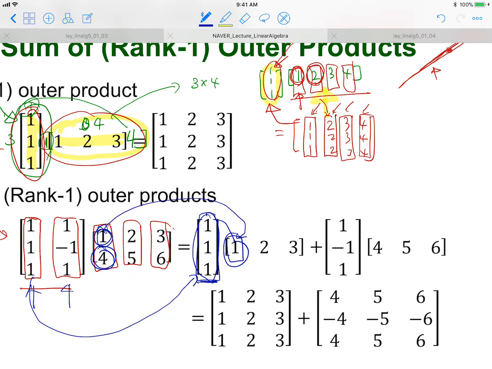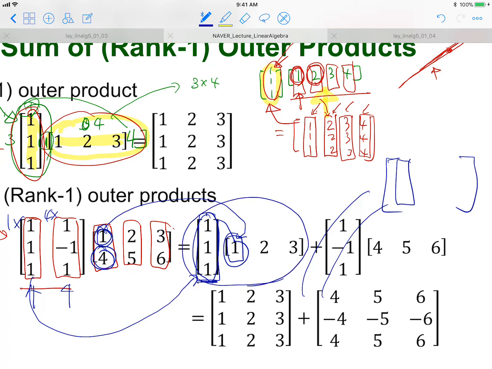And then, in the resulting matrix of these, the first column will be the linear combination of these 2 vectors, right? But we can first form this matrix by only using this guy and this guy. And we can form this outer product with this vector and this vector, so that we form this guy.